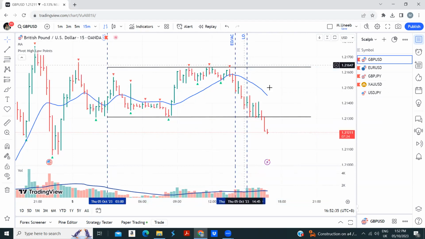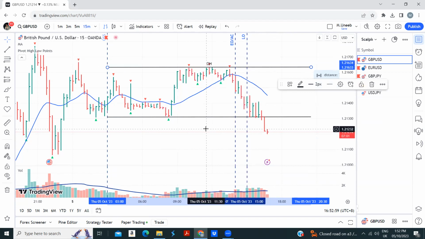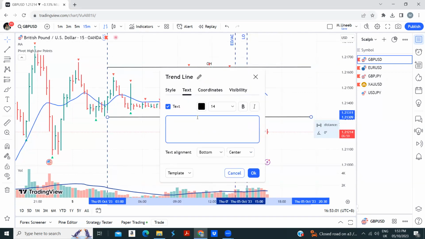Now I have my swing high and swing low, the overnight session high and overnight session low, marked. This is the overnight high, I'll make it the top one. And then I will also go for the overnight low and make it the bottom one.